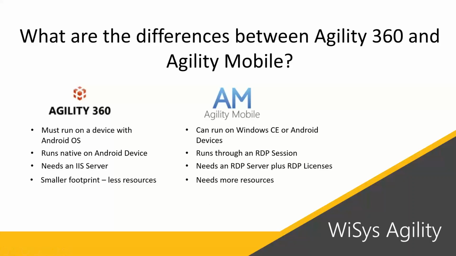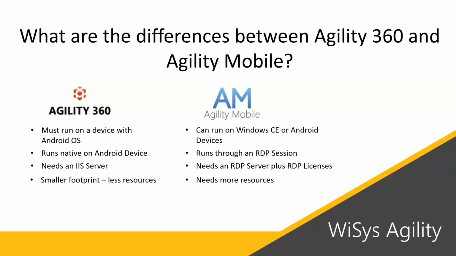So a good example of that is we do have customers running Agility 360 already. One of those was a new customer that started with Agility Mobile. They have a lot of remote, very rural locations that did not have very good internet signal at all. They did not have a domain.